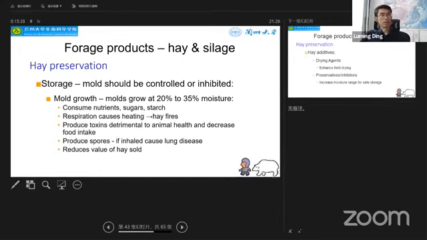So sometimes it incurs fires in hay. Molds also produce toxins, which are detrimental to animal health and decrease feed intake. They also produce spores, which, if inhaled by livestock, can cause lung disease. If the forage has mold, it will reduce the value of the hay.